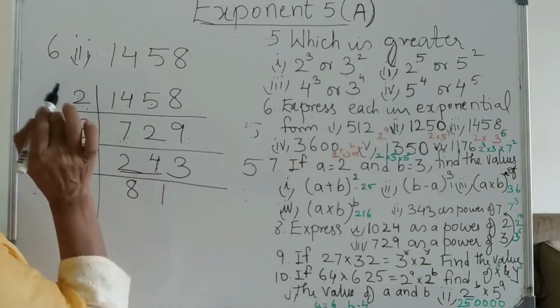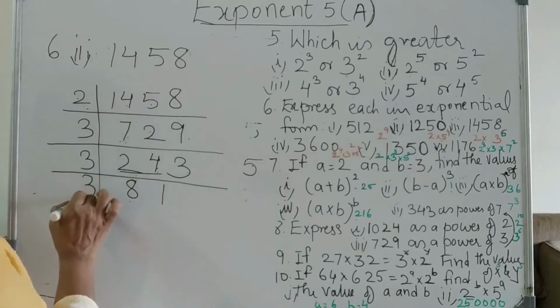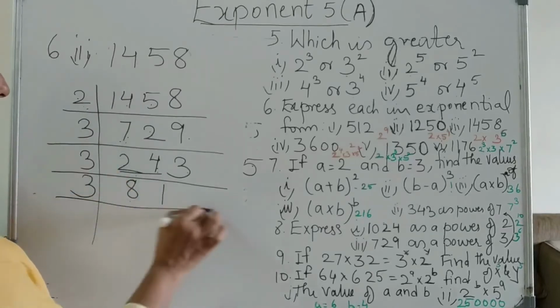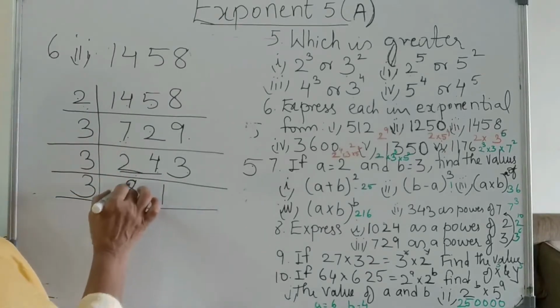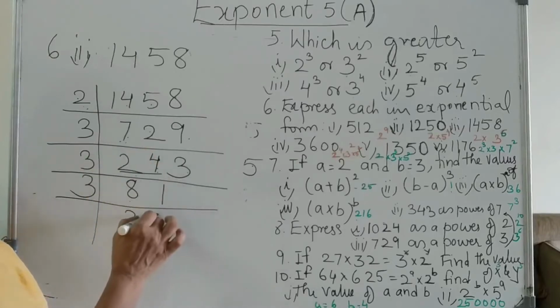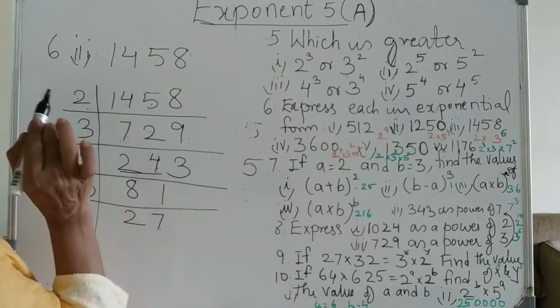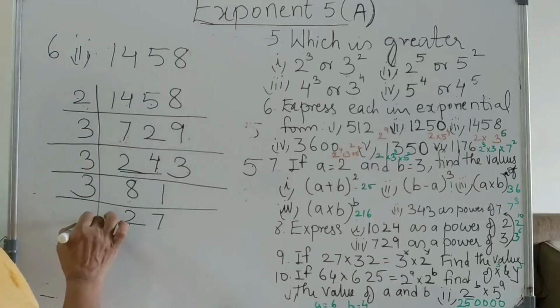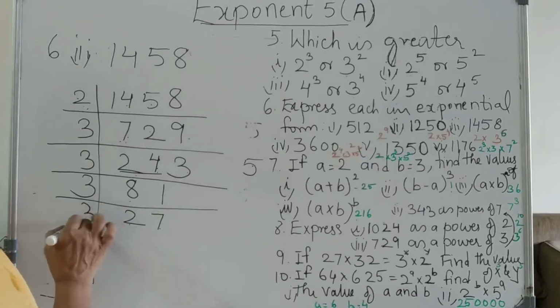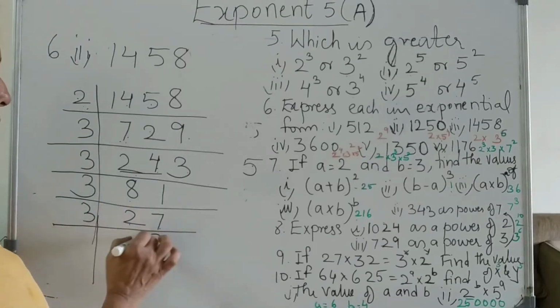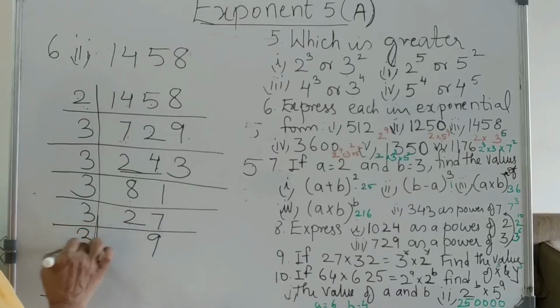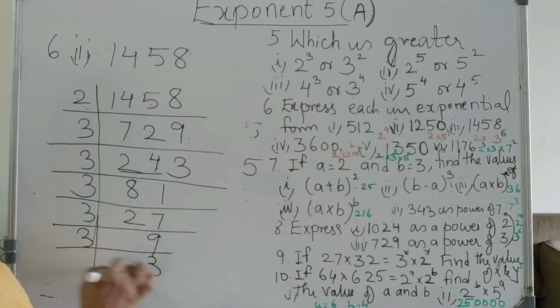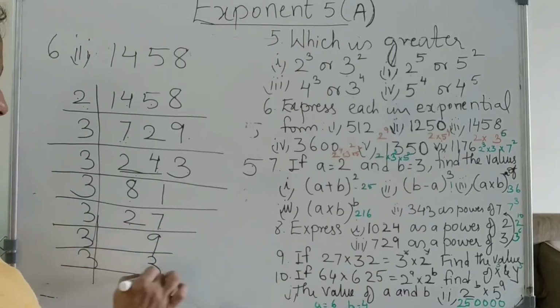So you get 81. Again it can be divided by 3. 3 2s are 6. 21 is remaining. 3 7s are 21. So now you have got 27. 3 9s are 27. 3 3s are 9. 3 1s are 3.